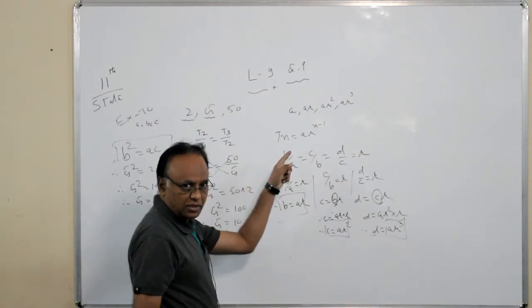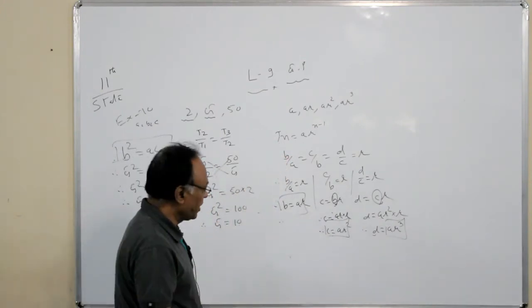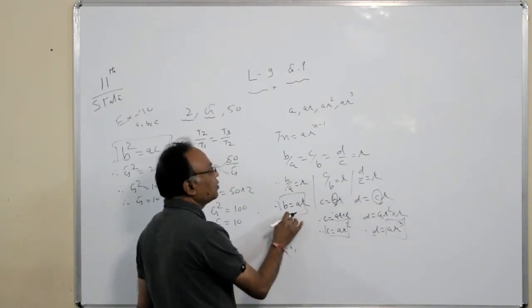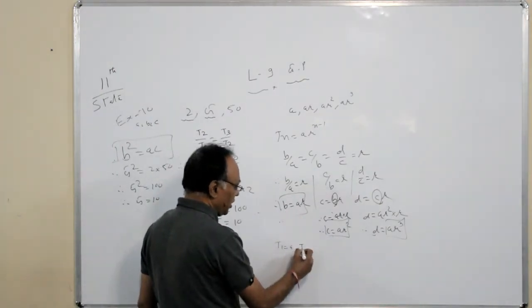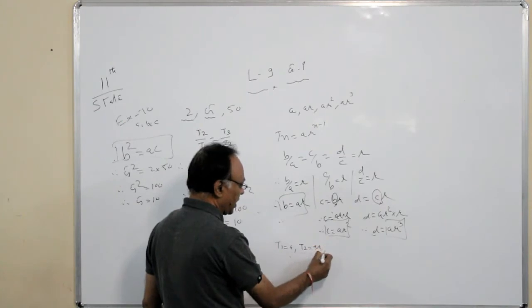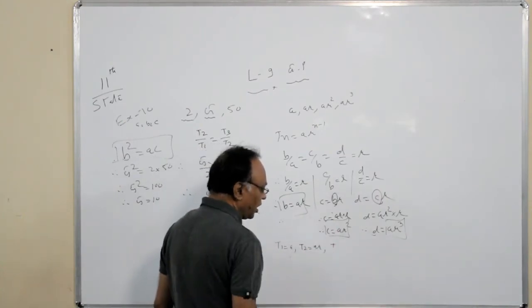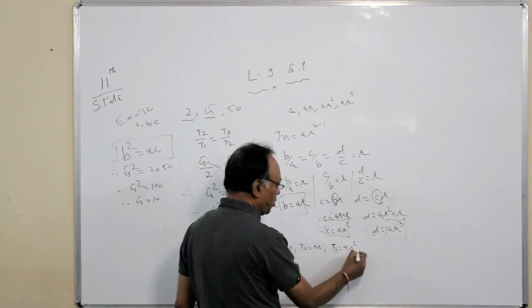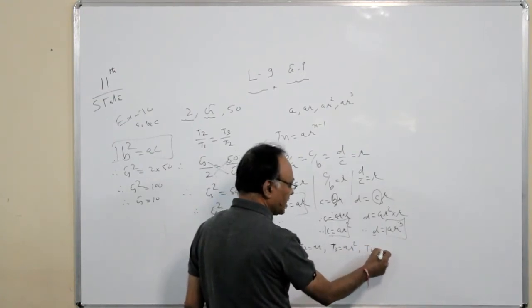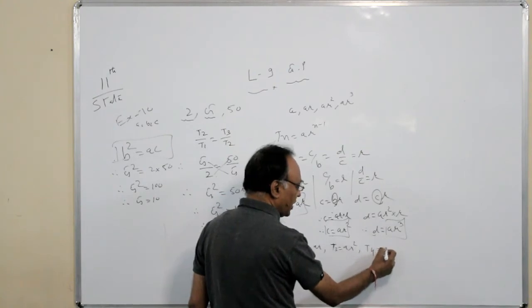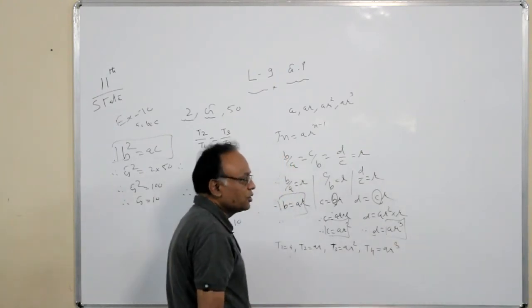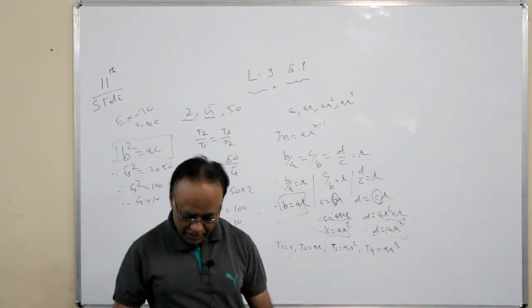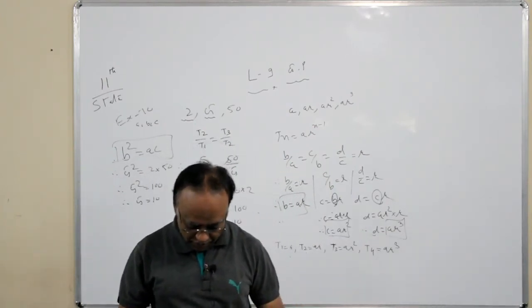So T1 is equal to A, the first term we denoted by A. B is the second term, so T2 is equal to AR. C is the third term, so T3 is equal to AR square. And D is equal to T4, so it is AR cube.